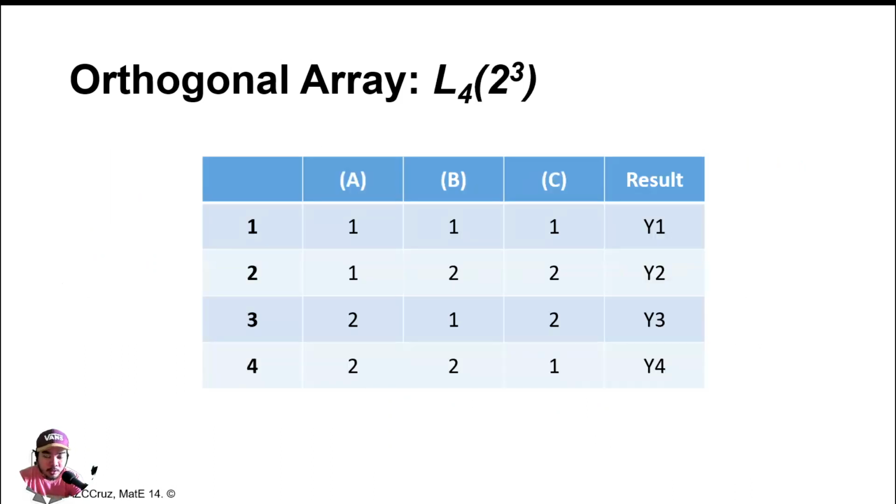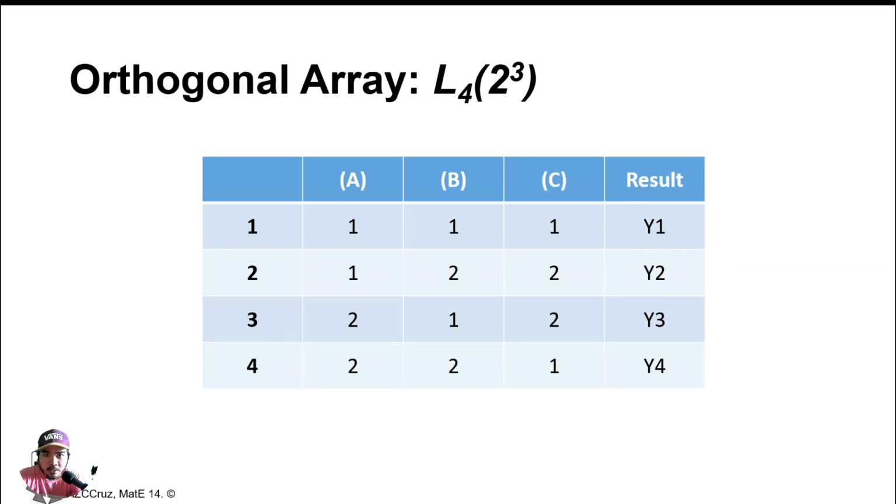So, you can search online for the different orthogonal arrays, and in fact there is a website where you just provide the number of factors you need and the number of levels per factor, and it will give you the available Taguchi orthogonal array for that type of design. And maybe I can show you. Let me search for it now.